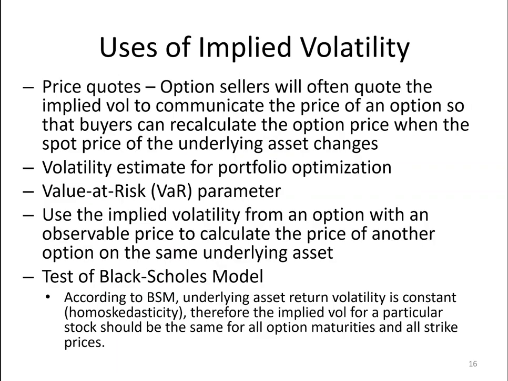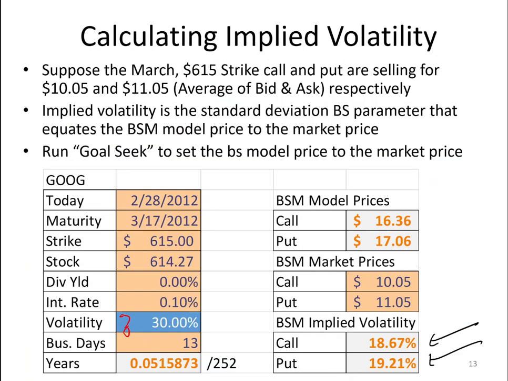So how are implied vols used? One is it's often used as a price quote. So on this particular option, you might want to communicate that this call is selling for 10.05, or this put is selling for 11.05. But that's almost never what's communicated to you.